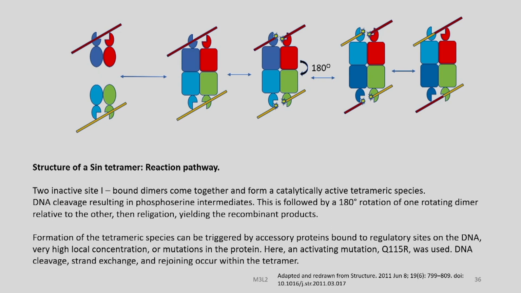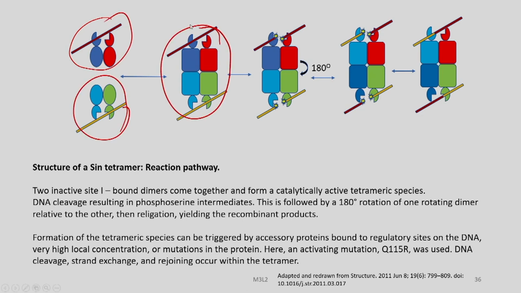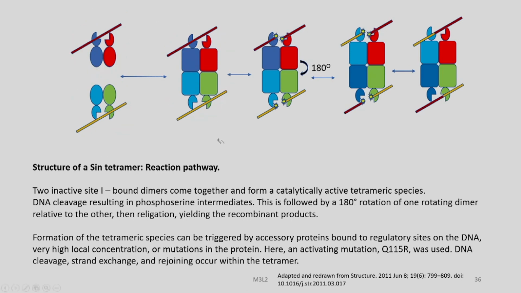Here there are two inactive site 1 bound dimers which come together and form a catalytically active tetrameric species. So, this is inactive and these are also inactive. When they come together, they form a catalytically active tetrameric species.